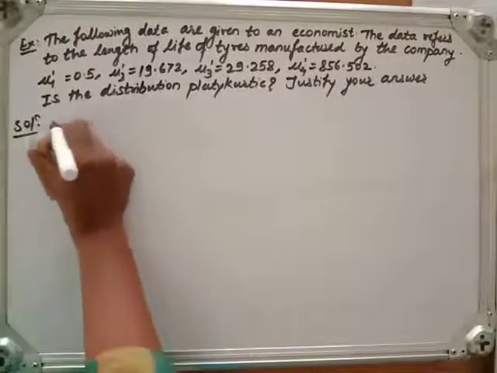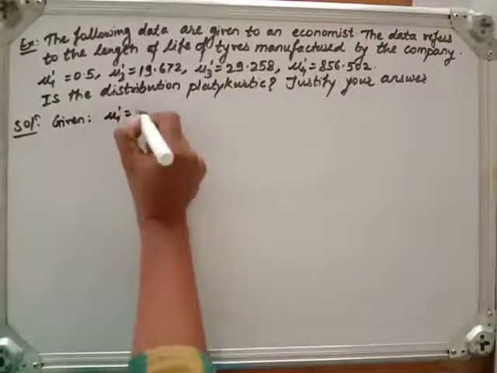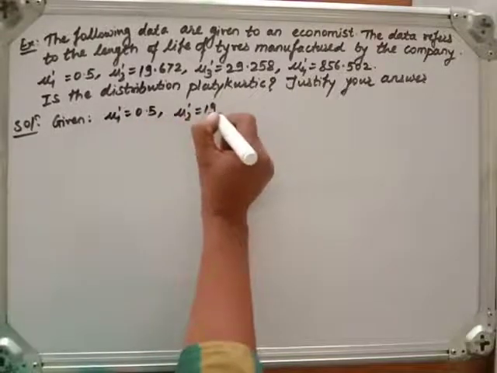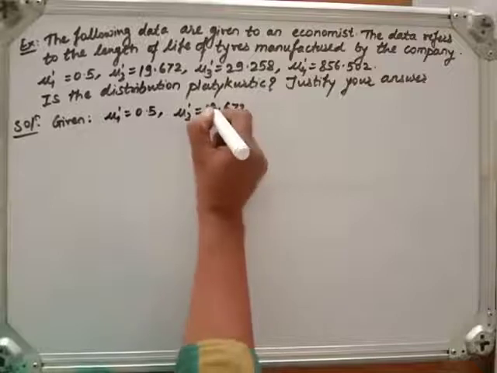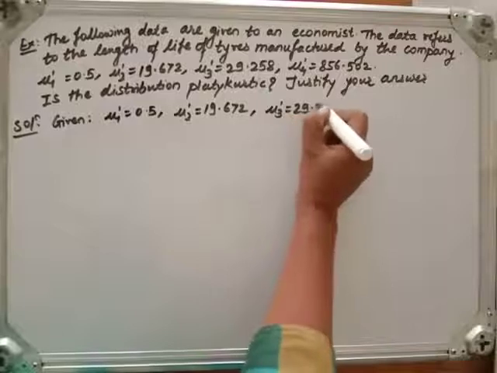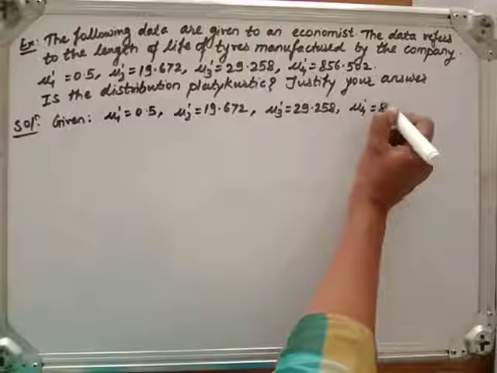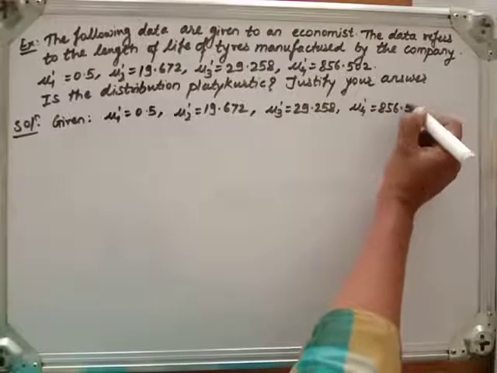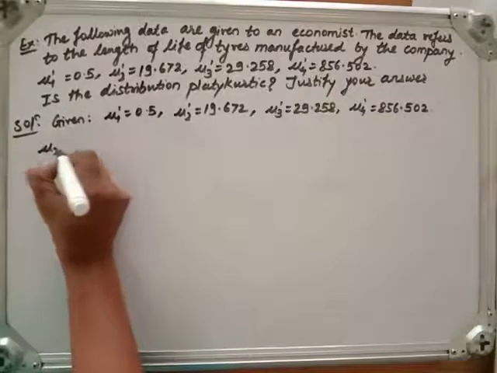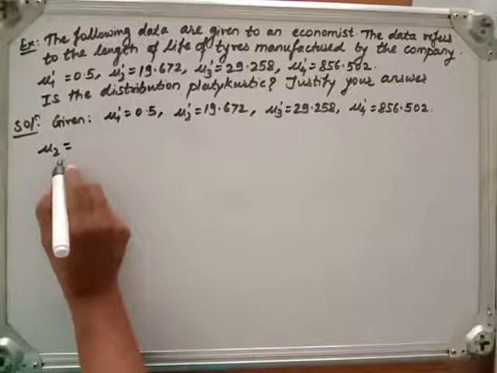Given mu1 dash is 0.5, mu2 dash is 19.672, mu3 dash is 29.258 and mu4 dash is 856.502. Now we will find central moments for beta 2 and gamma 2, so we need mu2 and mu4 only.